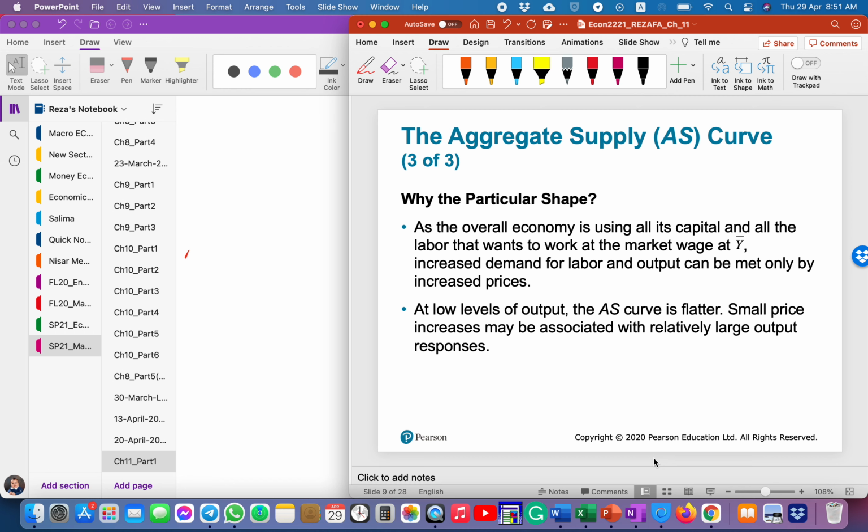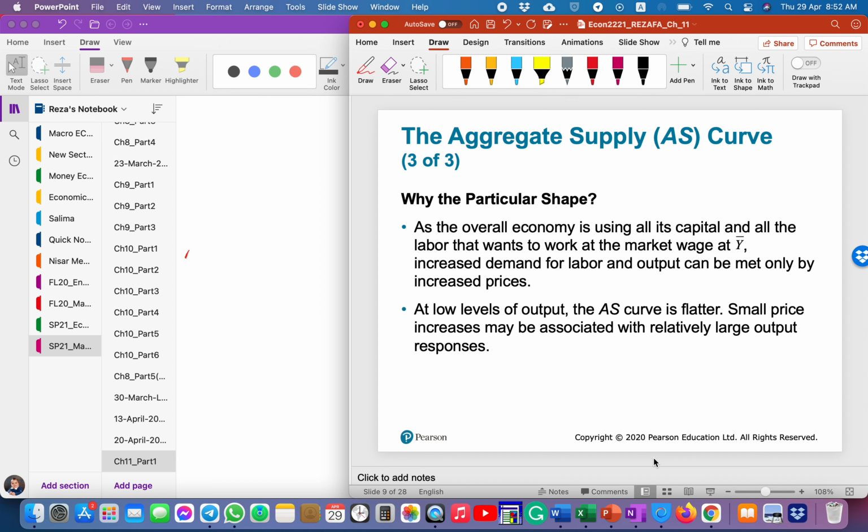Why does it have this particular shape? The vertical side is where employed labor is entirely equal to the entire labor force, and then no matter how much the price is increasing, the output cannot increase. So that's the vertical side.